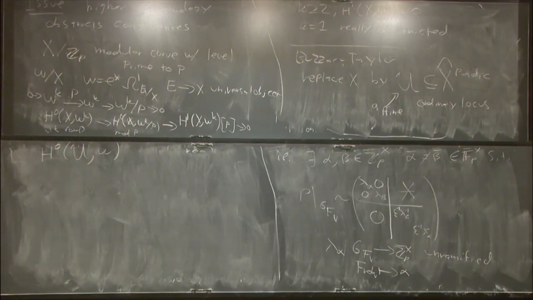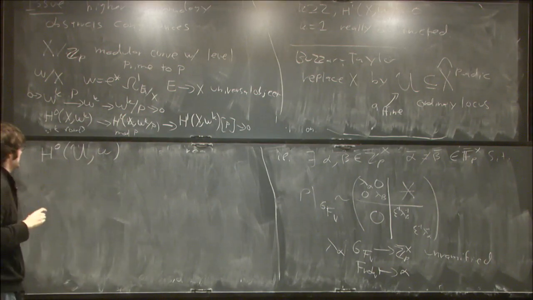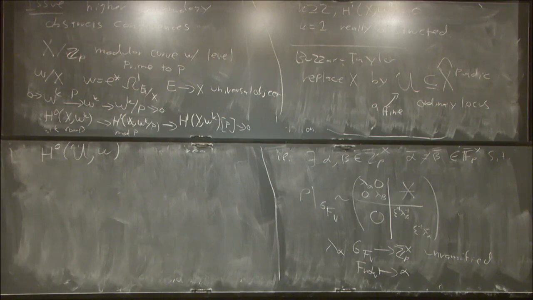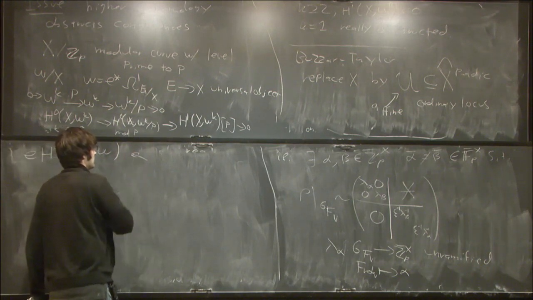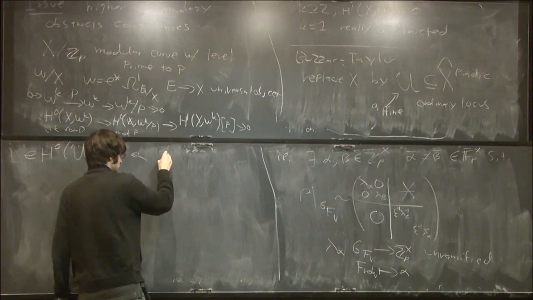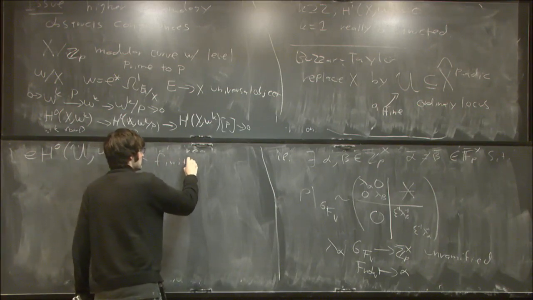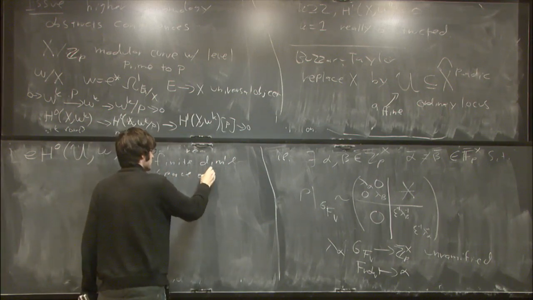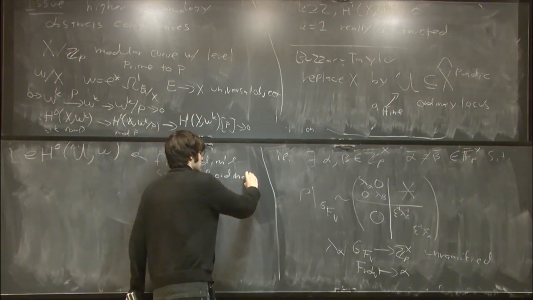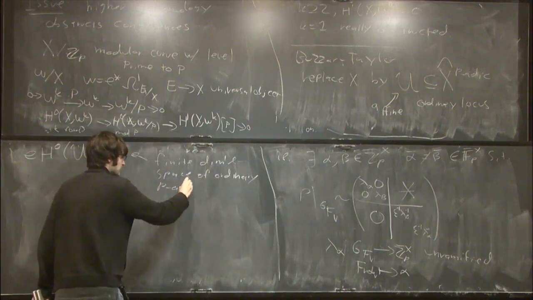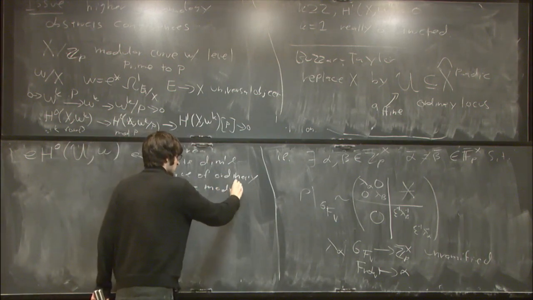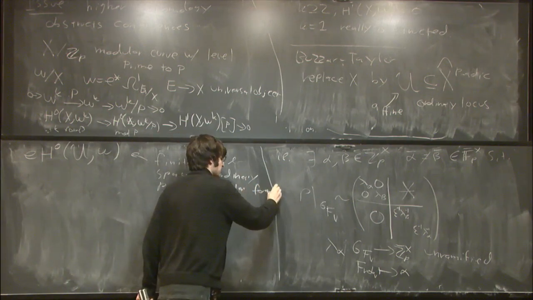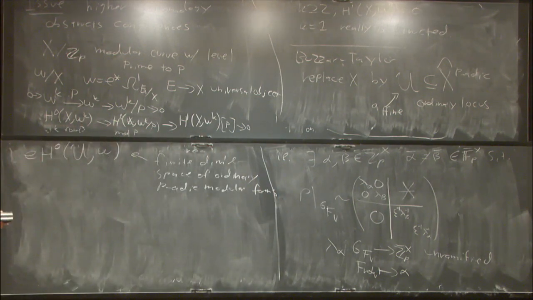Now of course, this is huge, because this is now an affine of positive dimension. But following Hida, we apply an ordinary projector. And now this is the finite dimensional space of ordinary p-adic modular forms. And the key point is it's unobstructed.